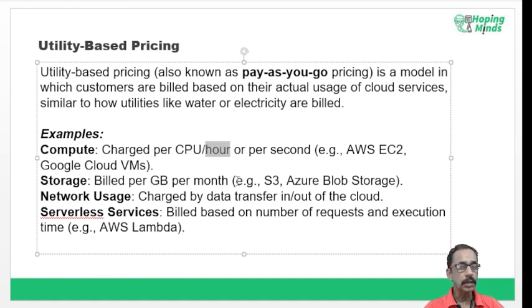Your server is not used for a complete 24 hours. You are just using that server for 8 hours or 4 hours, or just at the weekend or month end. You have to pay accordingly, hourly, or even per second charges in some cases.